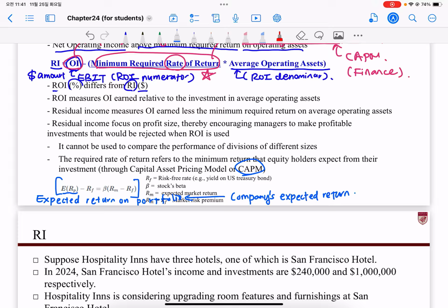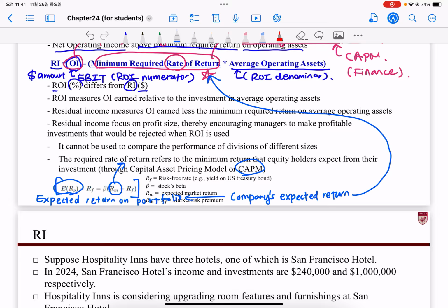And this is exactly what we are pursuing here, minimum required rate of return. And this is the unknown part. And here, RM is the expected market return.